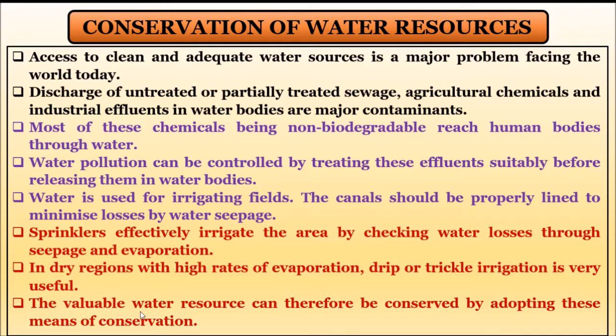To explain this briefly regarding the conservation of water resources, the world is facing a major problem: the availability of sufficient clean water has become very low, and the government is taking various steps to conserve the sources of water.